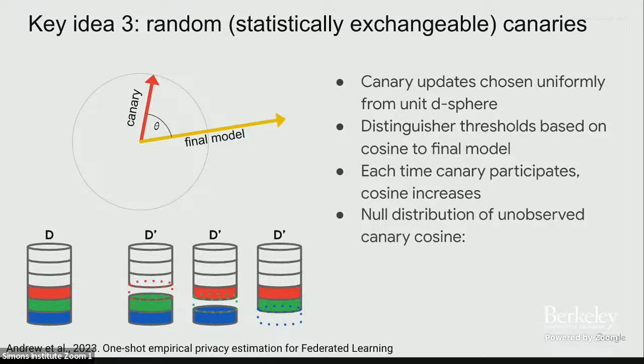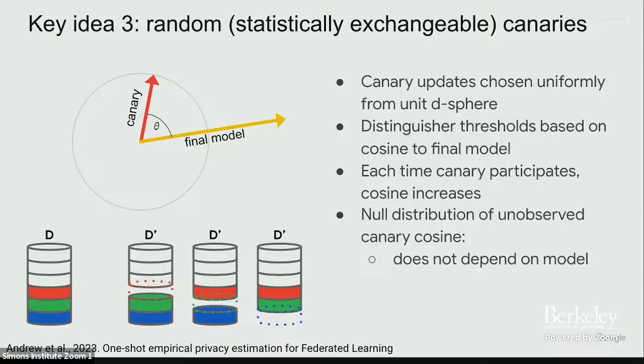You can essentially write the distribution of the cosine between that canary and the final model, because the final model has never seen that thing that was sampled uniformly from a sphere. The proof is so easy to actually figure out this distribution in closed form. So you have the null distribution, and it's going to be exactly the same for all these D primes. This is why we need the statistical exchangeability property. I'm not showing it on this slide, but if you can take my word for it, you could really find that distribution.